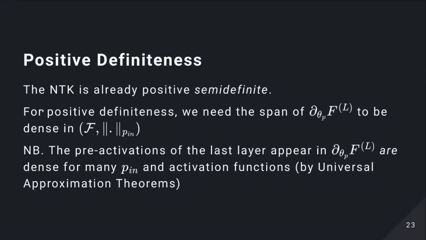And they mentioned that in order to get the positive definiteness, we need the span of the gradient. So take f theta and take the gradient, which also gets a function in F. Take the linear span of those, and if it's dense, so it's almost like a basis for this vector space but with respect to the semi-norm, then we have the positive definiteness.